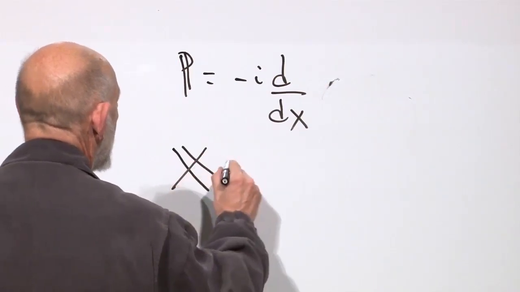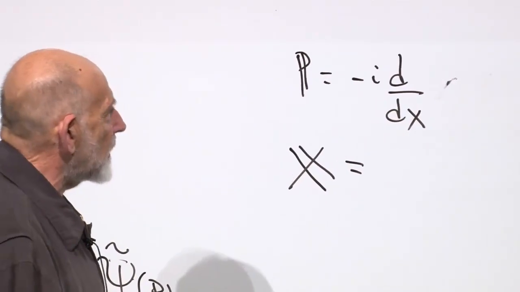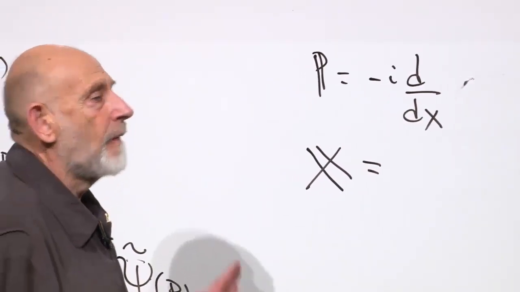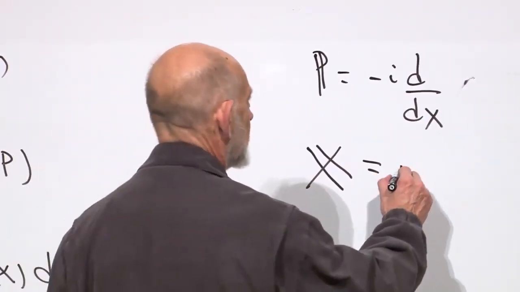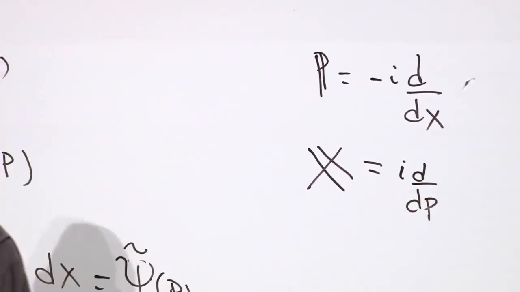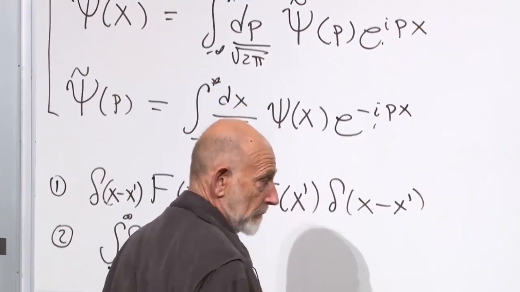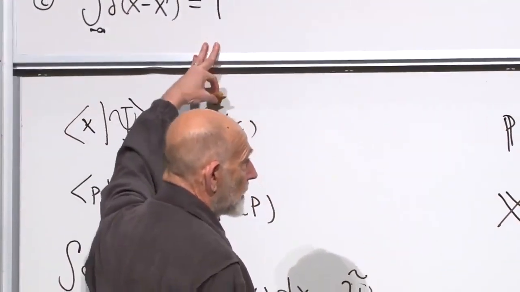X is not quite parallel: not minus i d by dp, but plus i d by dp. The minus sign difference has a great deal to do with this minus sign here, but you can work it out.